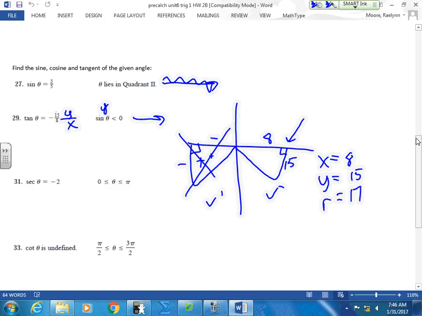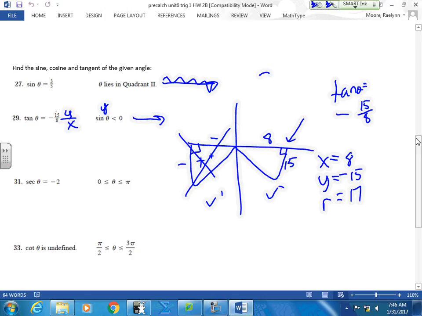Okay, now, in quadrant 4, is the x negative or the y negative? The y. So even though my tangent said this, negative out here, one of these has to be negative. Don't assume it's the top, don't assume it's the bottom. Lay out your triangle first and then say, well, in this quadrant, my y is negative. So this guy has to be where my negative is.